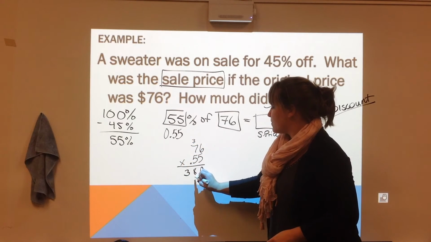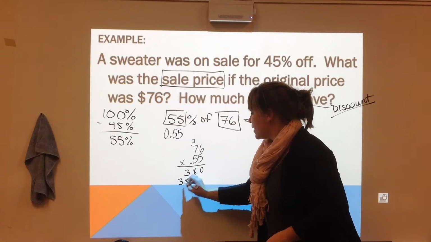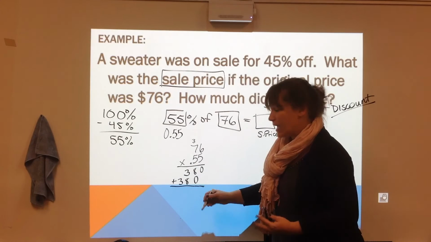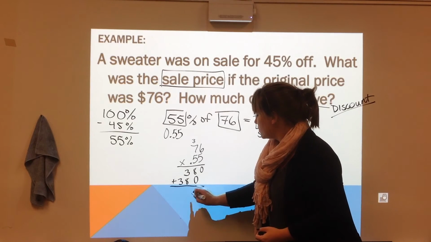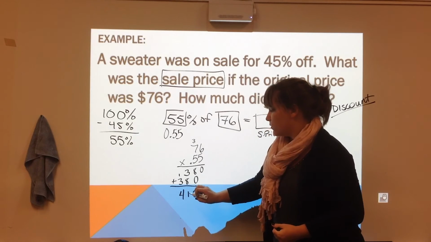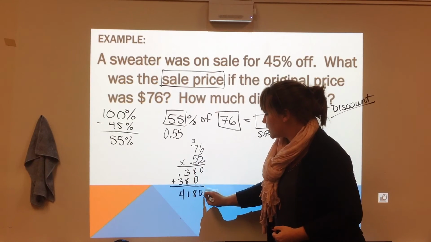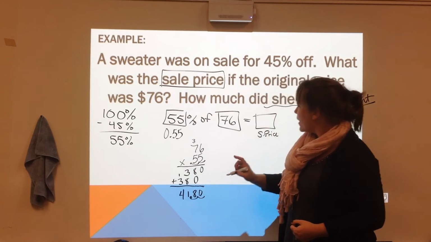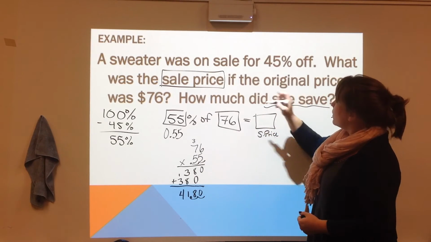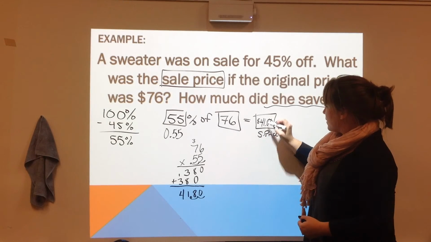Now we're going to do that same thing again, 30 and 38. Now we have to add this up. When we do, we get a 4, 1, and 8 is 0. We need 2 decimal places. So we have a sale price. The first part of this is $41.80.